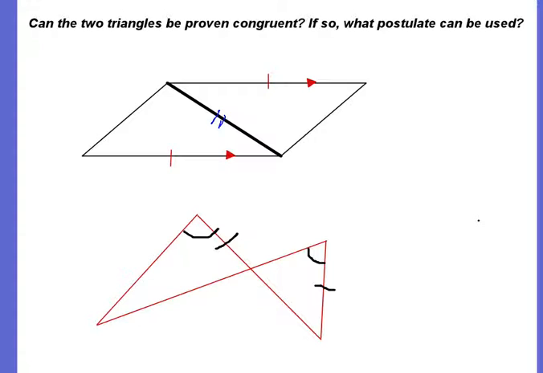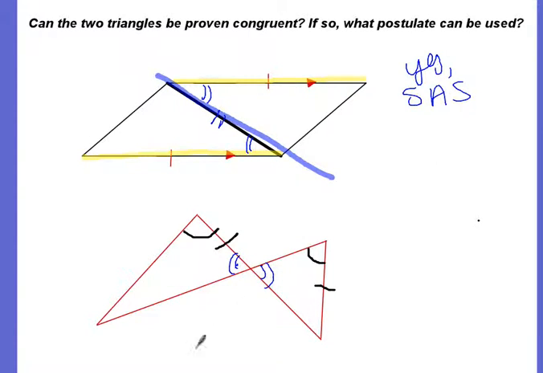Well, if I look closely, if they're parallel, then I have alternate interior angles. I didn't even have to be given anything else. I can see that this is going to be side, angle, side. So yes, SAS.